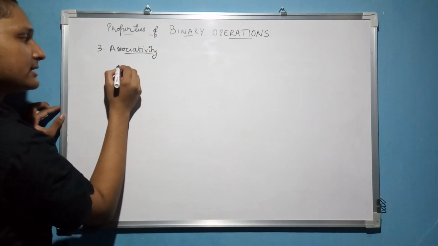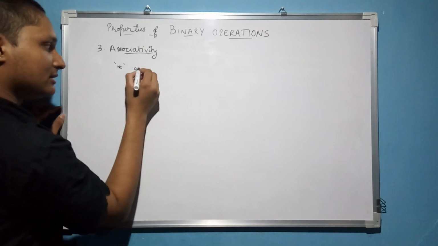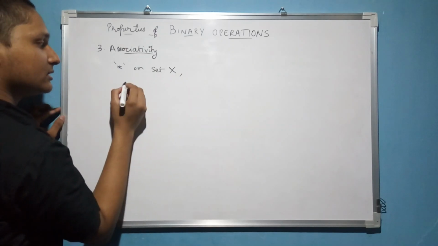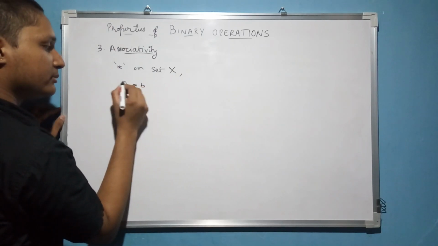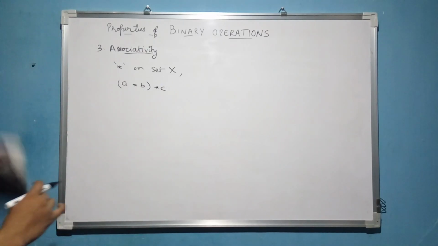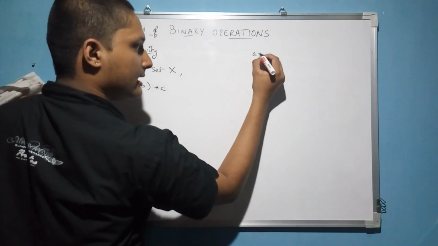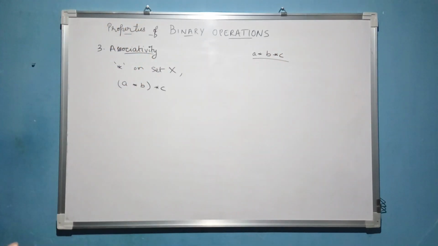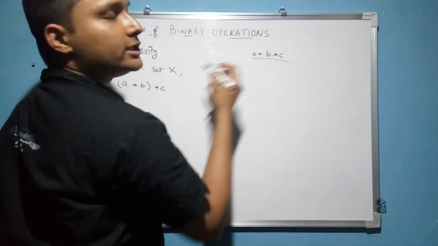So let star be a binary operation on set X. If I have A star B star C, what can you understand from this? It's a binary operation, so you need to take only 2 at a time.